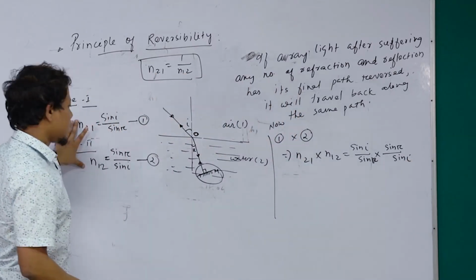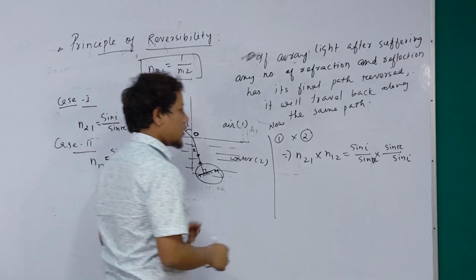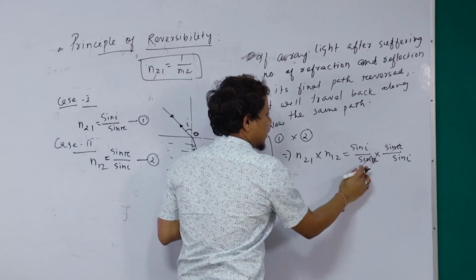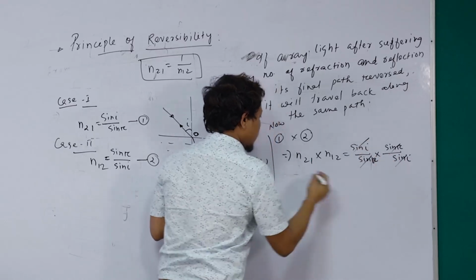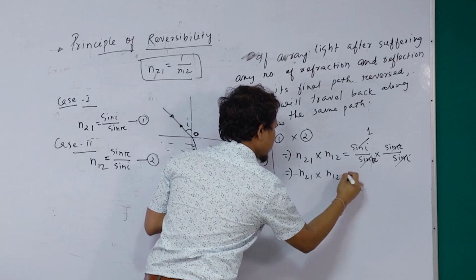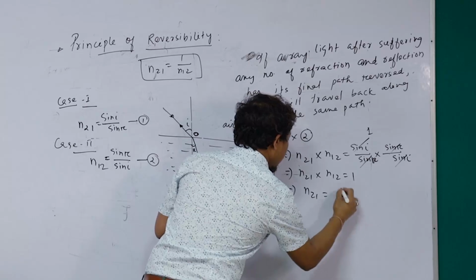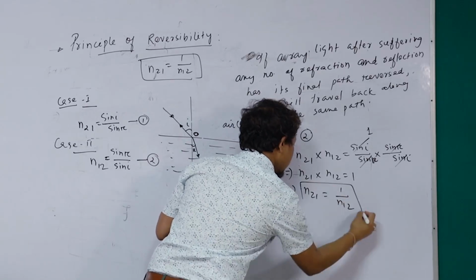So left side I have multiplied, and with the right side terms I am multiplying. So here like terms, sin R will cancel out, and sin I will cancel out. So here we will get 1. So N21 into N12 equals 1. Okay.